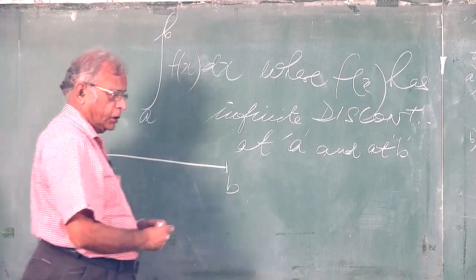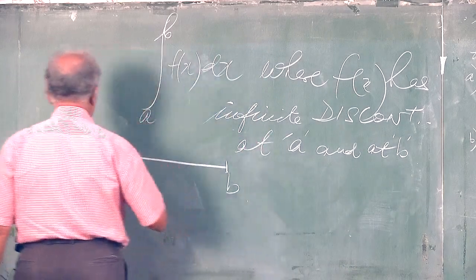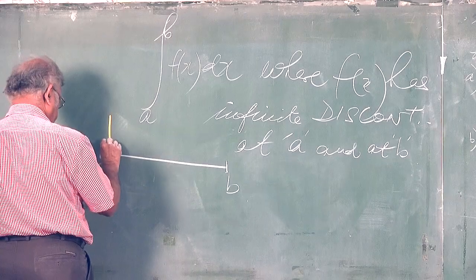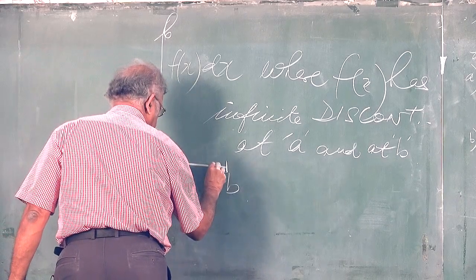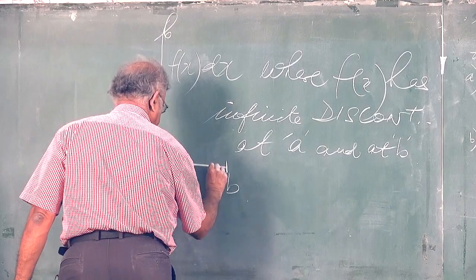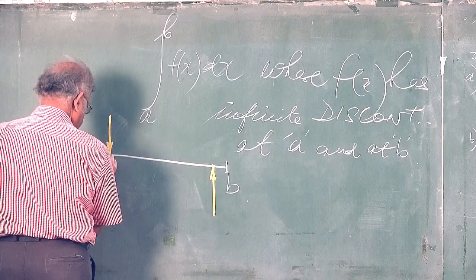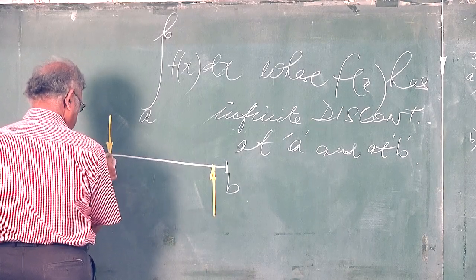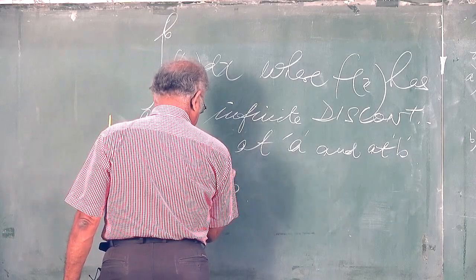So here the trick is, as before, we start from a point that is slightly to the right of a and end at a point that is slightly to the left of b. So this is perhaps epsilon 1, a small positive quantity, and this is epsilon 2.